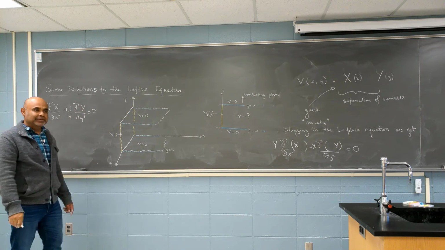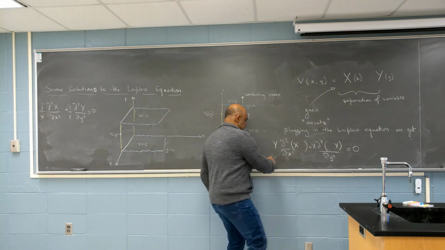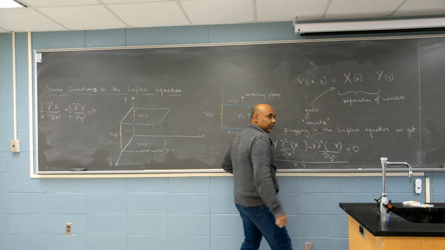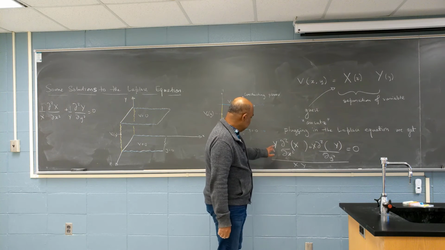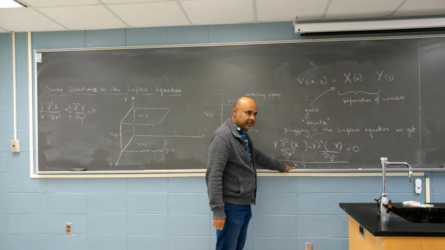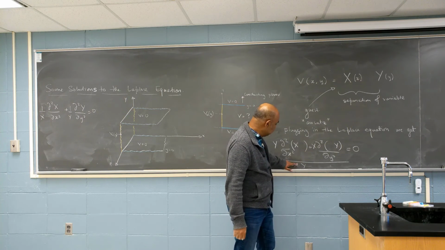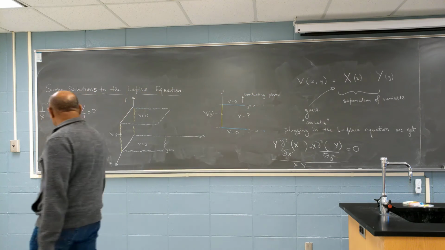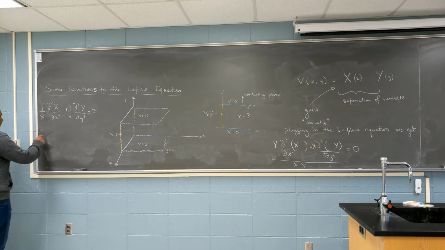How did I get that? I divided by x times y. Here y and y will cancel, I'll get x. And the second one, x and x will cancel, I'll get y. And therefore, I get a curious equation.